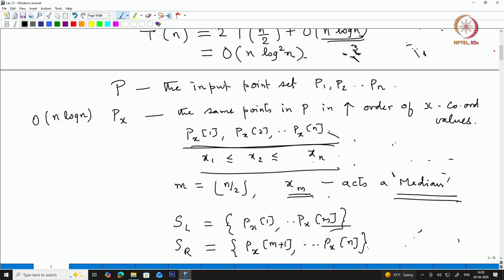Very simple, because it is a sorted array, it automatically arranges the elements, and the first half will be in one region and the second half will be in a region to the right of it, they are in disjoint regions. Therefore, by a very simple sorting and choosing like this and defining SL and SR, we simply solve the dividing phase in a nice way.